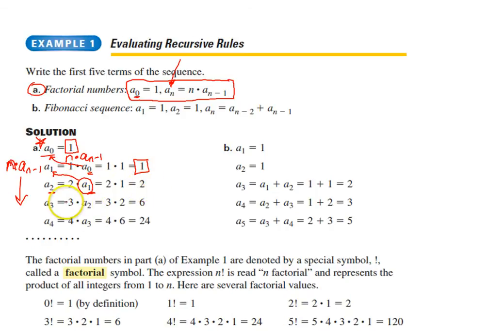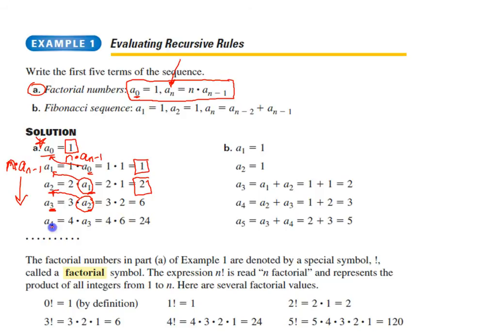And then you do the next one, a sub 3. Anytime you see an n, plug in a 3. 3 times a sub 3 minus 1. Well, 3 minus 1 is 2. A sub 2 we already found was 2. So this is 3 times 2, which is 6.